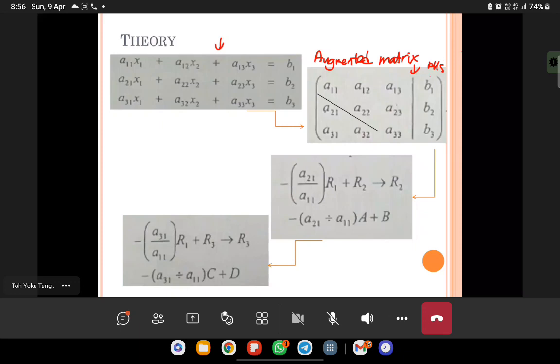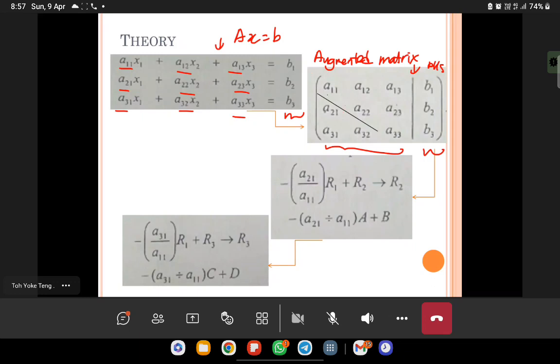This one we call the augmented matrix. You may just write A11, A12, A13 in matrix form. This one is the matrix A, and then you write down the right hand side B. Actually this is AX equals B.